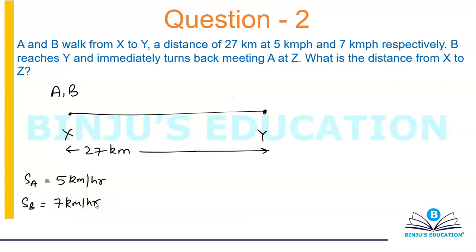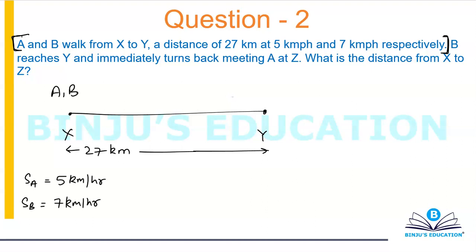B reaches Y. Now see, there are some things which are obvious and there are some things which you should be able to understand as soon as you read a question. Like for example, once I'm done reading this first line, up to respectively, I should be able to evaluate that since the speed of B is more, B is going to reach Y first.